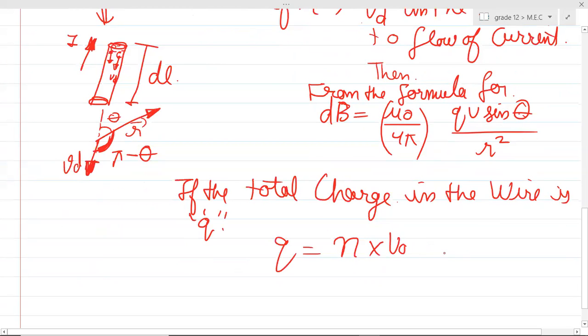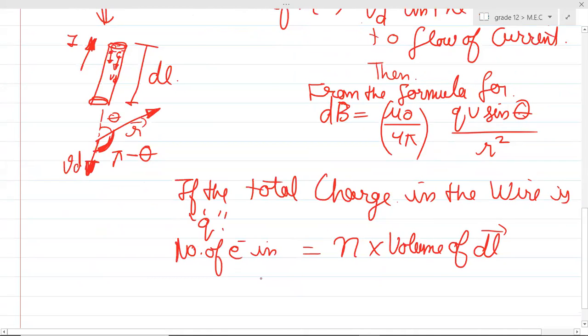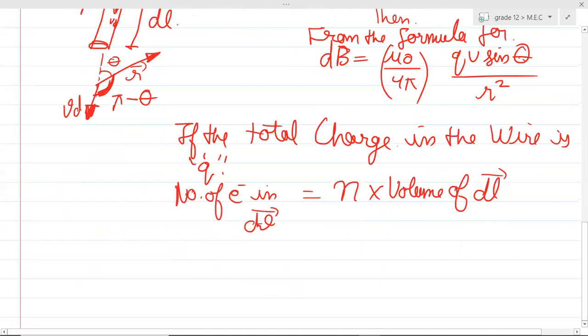Yes or no? Sorry, not the total charge, the total number of electrons in the dl vector is the free electron density multiplied by the volume of the dl vector. Yes or no? Because this is the number of electrons per unit volume, if you remember from current electricity.